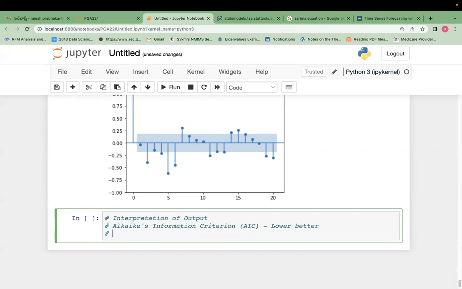We also need to check that the p values of the AR and MA lags must be less than 0.05.